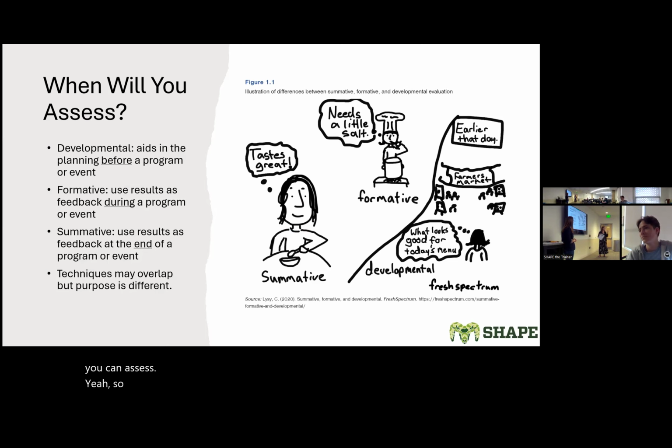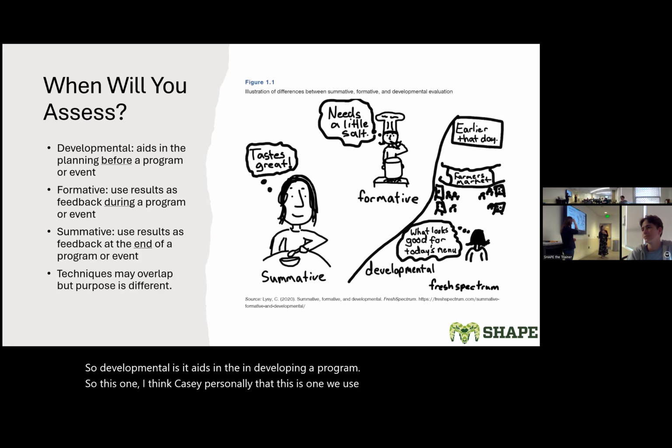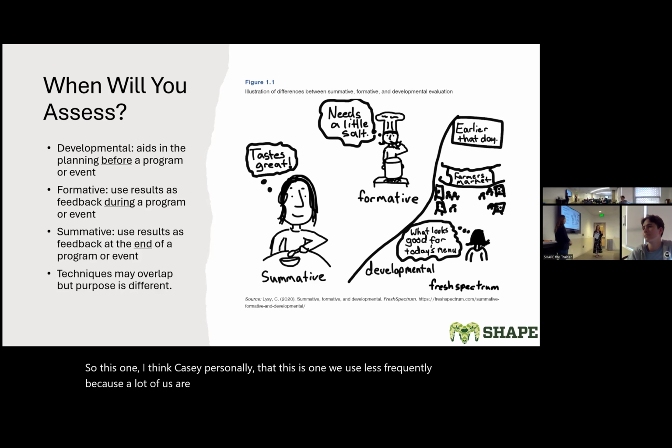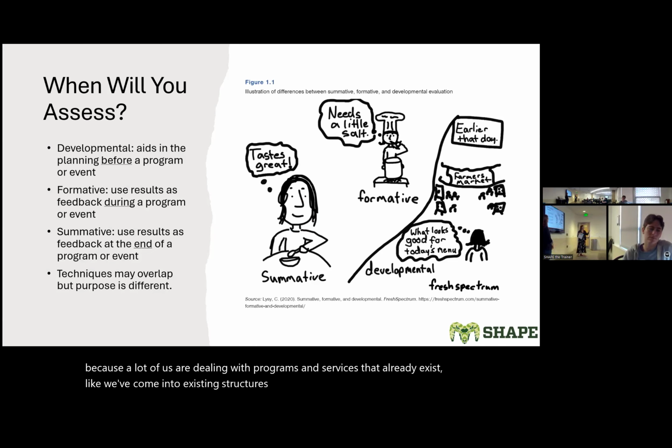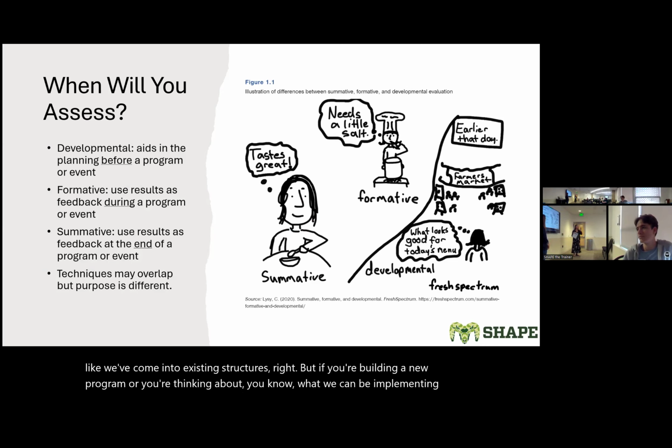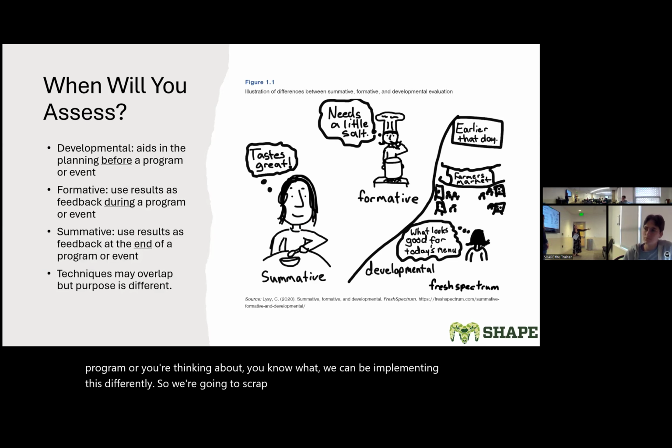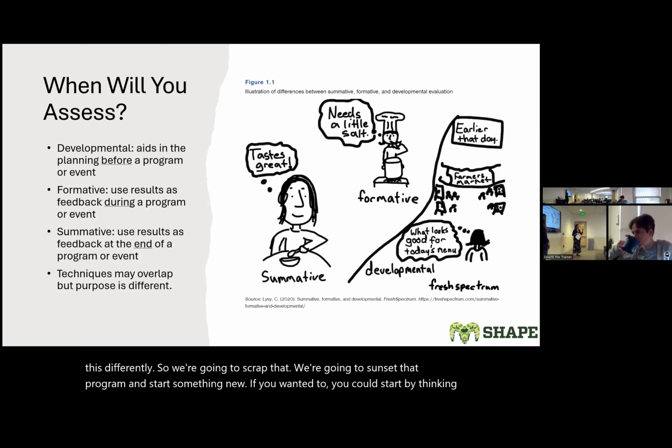So developmental aids in developing the program. This is one I think we use less frequently, because a lot of us are dealing with programs and services that already exist. We've come into existing structures, right? But if you're building a new program, or you're thinking about, you know what, we could be implementing this differently, so we're going to sunset that program and start something new, you could start by thinking about assessment as you're building the program.